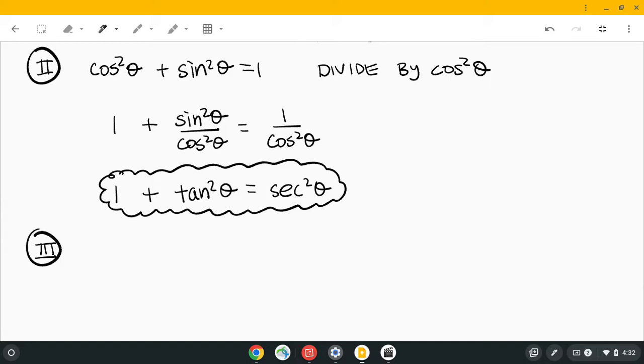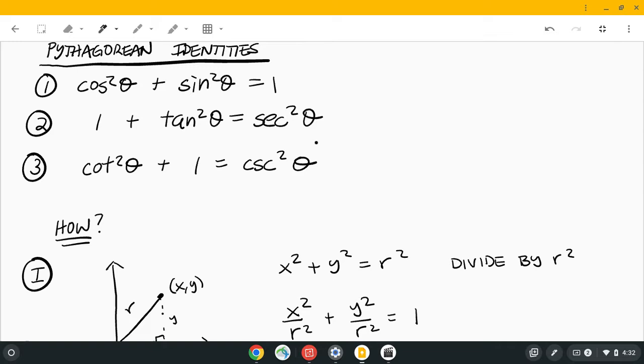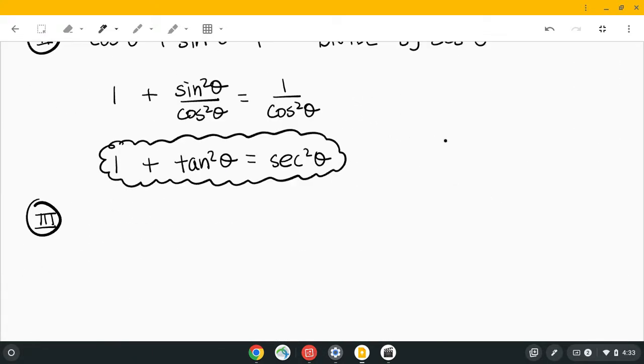And then the third one. Let's go back up. We got the first two, so we're going to do the third one. Cotangent squared plus 1 equals cosecant squared. Again, I'm going to take that first Pythagorean identity that we got.